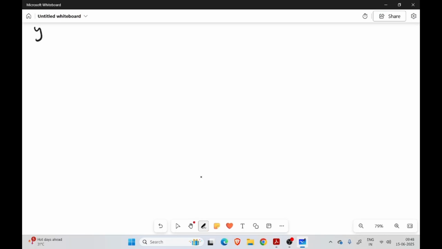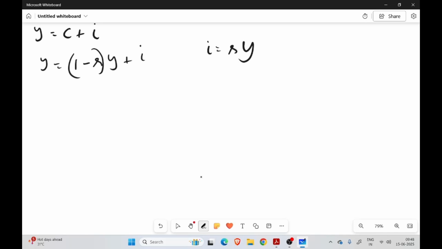We know that Y is equal to C plus I, basically output is equal to consumption plus investment, and we can write Y is equal to (1 minus s) into Y plus I. Now from this we get that I is equal to sY, that is investment is equal to saving.